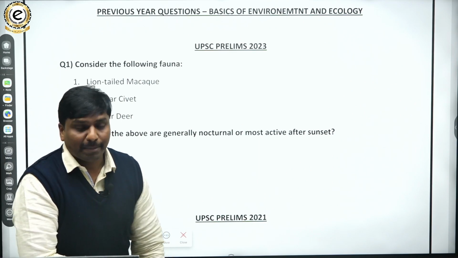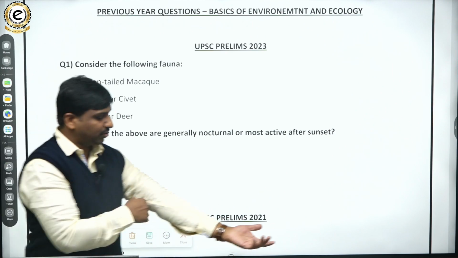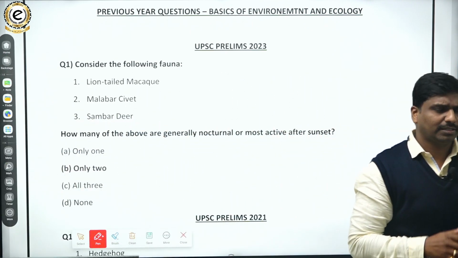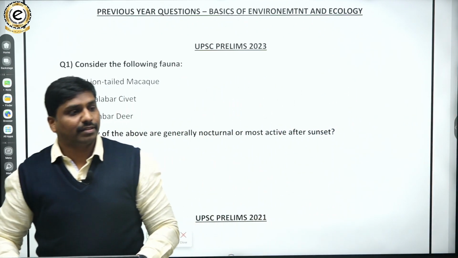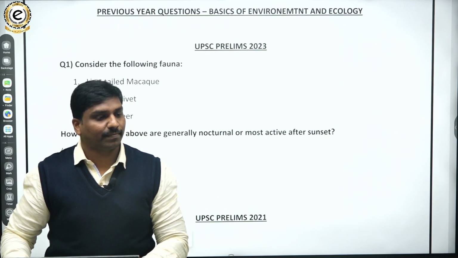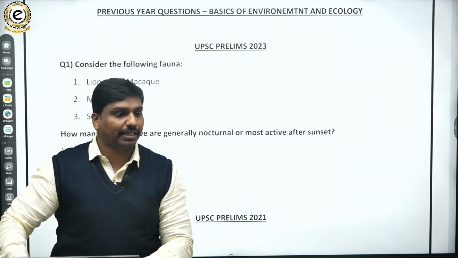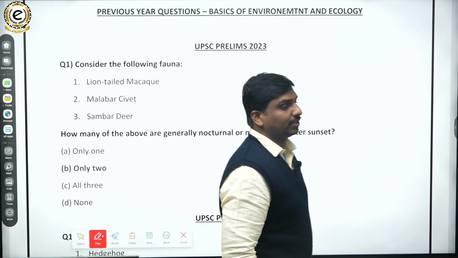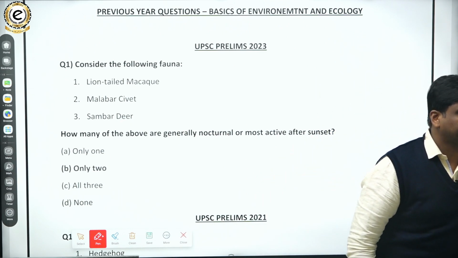Then mention some of the ectothermic animals. Ectothermic means they are nothing but cold-blooded. Good. So under that you mention fishes, amphibians, and reptiles, and invertebrate animals.